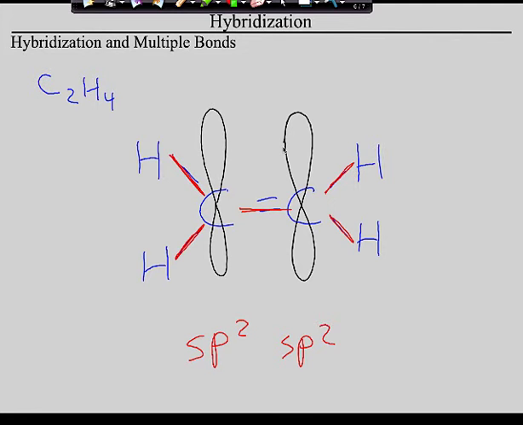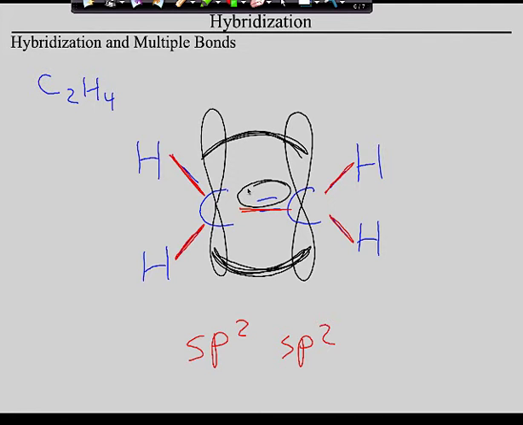And guess what these unhybridized p orbitals do? They link together top and bottom, and they create the second bond of the double bond. Crazy, right? But guys, that's what happens.